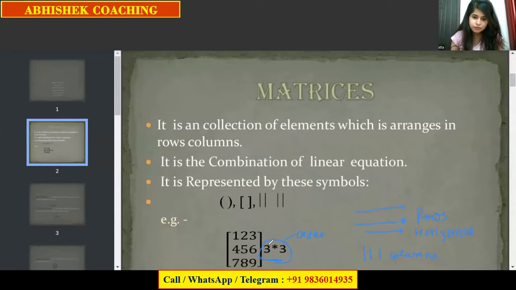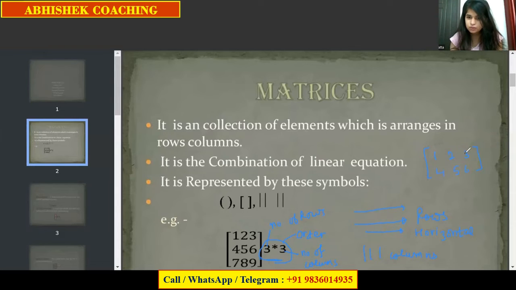From the first number, it will show the number of rows. Clear? And next, the number of columns. In this slide, I have written it in the middle of the matrix, but if you write in your copy, you can write like this, which is the better way: 1 2 3 4 5 and 6.